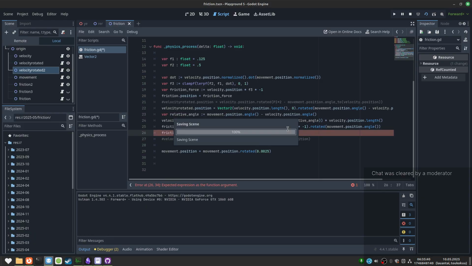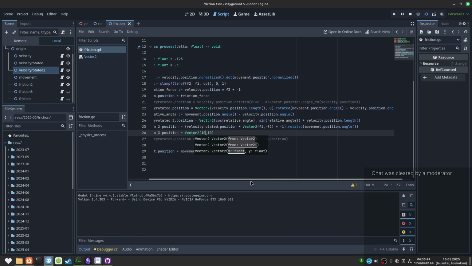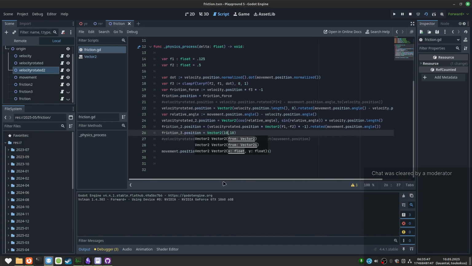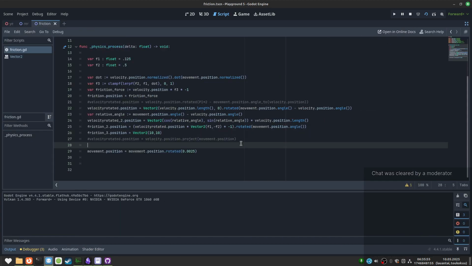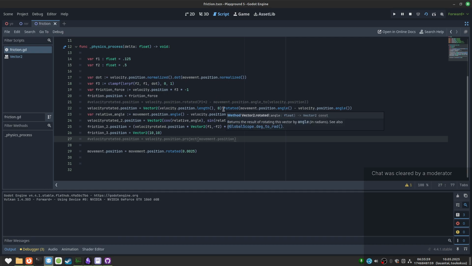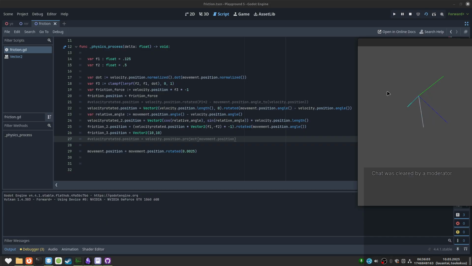Let me think. I think we do have to rotate the velocity, because that's how we know how much of it is pointing in either direction, either towards us or away from us.